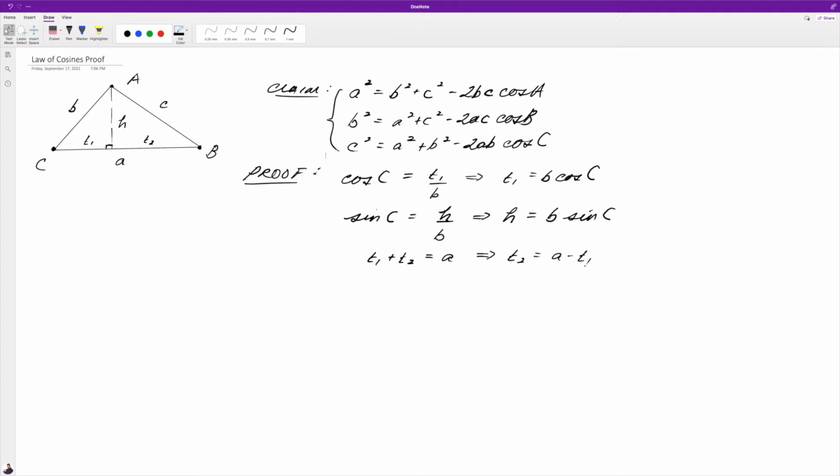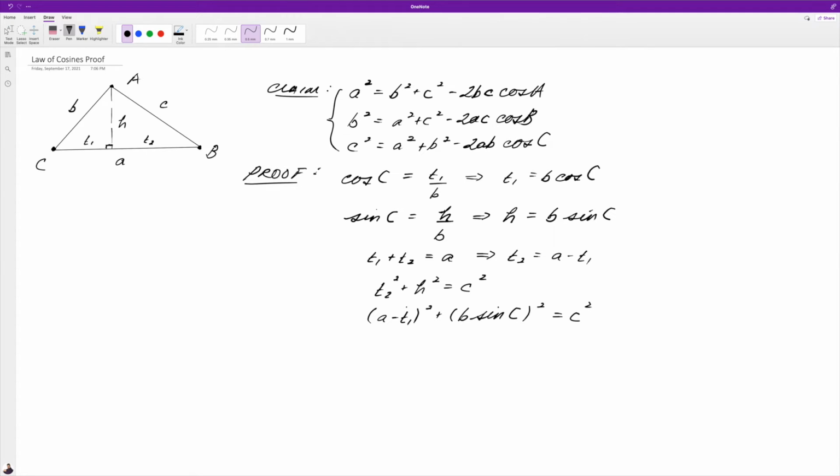We know also that T2 squared plus H squared must equal C squared. So that means that A minus T1 all squared plus B sine big C all squared equals little c squared.